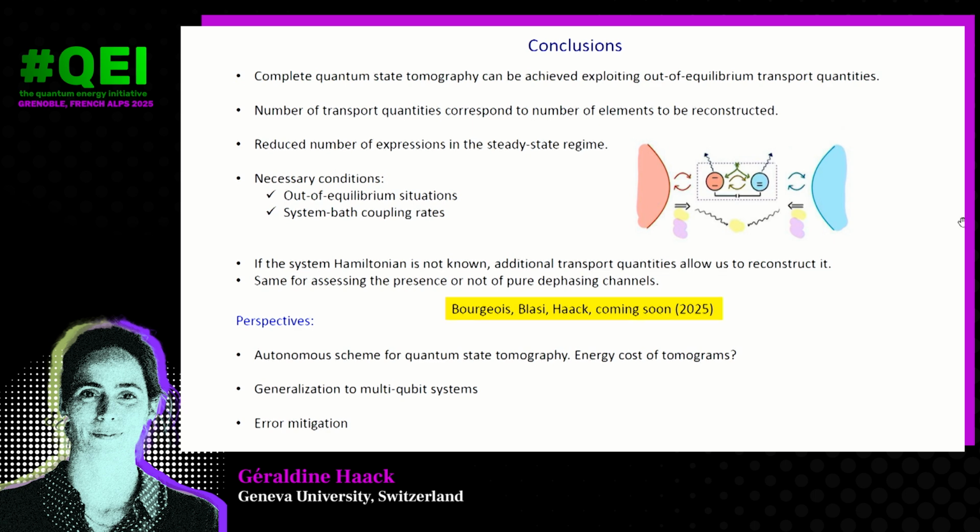So it's maybe another way to estimate the energy cost of such a process. And then, of course, we would like to generalize it to multi-qubit systems and to really estimate the errors in terms of the accuracy of the current traces. And with that, I thank you for your attention.